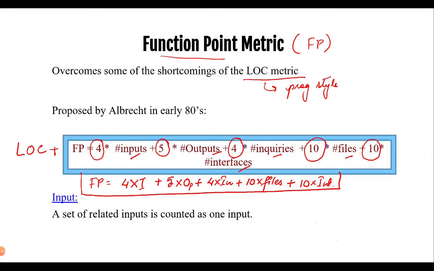So let us now look at each of these parameters. Talking about the first one, which is input, it is a set of related inputs and it is counted as one input. This input could be the various fields of a form or the various numbers which are given as input to a particular application.